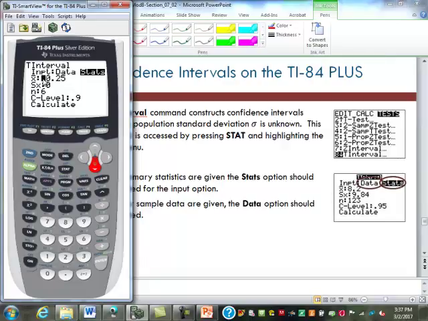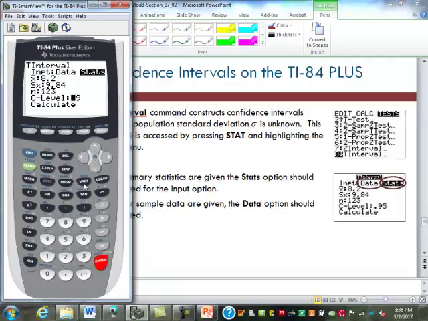X bar here, that's our sample mean, which is 8.2. Sx, since we don't have the population standard deviation, we're going to put in the sample standard deviation, 9.84. n is the sample size of 123.